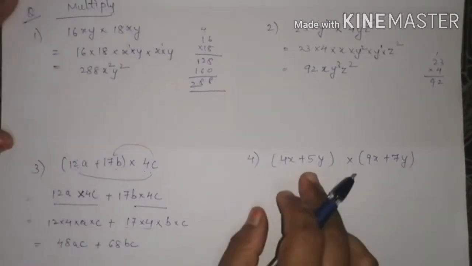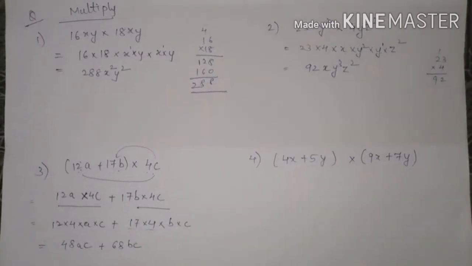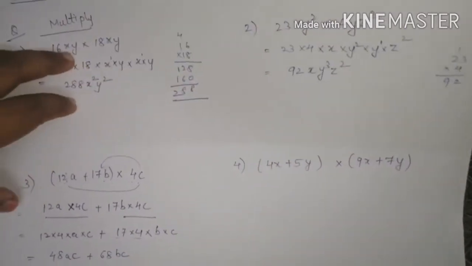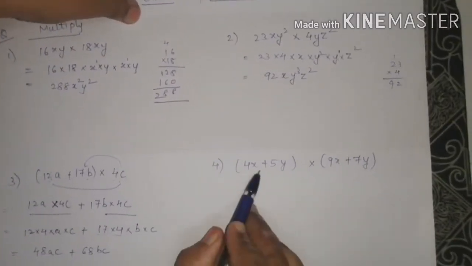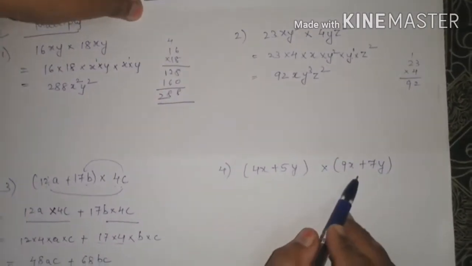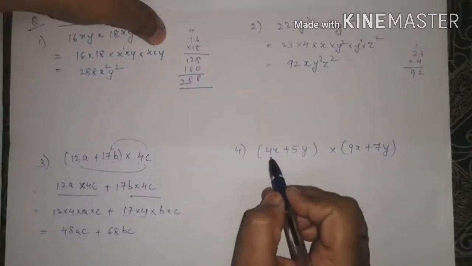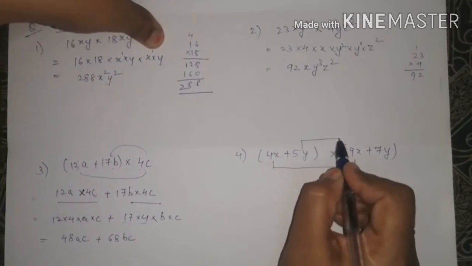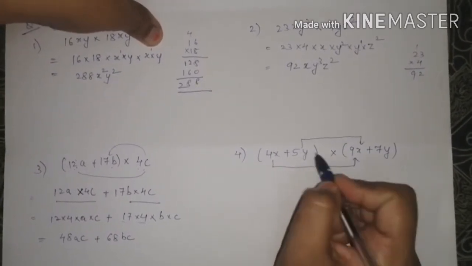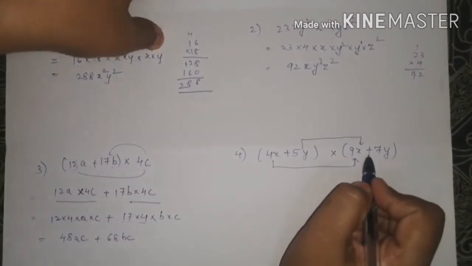This again is two brackets multiplication, binomial multiply by binomial. Again a little different. 4x plus 5y, 9x plus 7y multiplying. First we will multiply 4x with this whole bracket, then 5y will again be multiplied with this whole bracket.